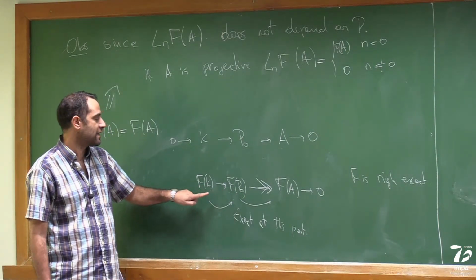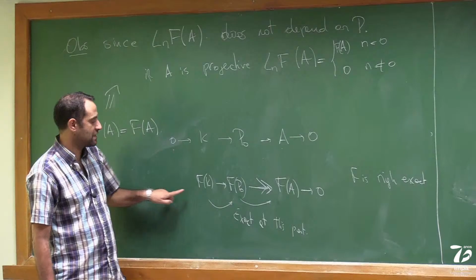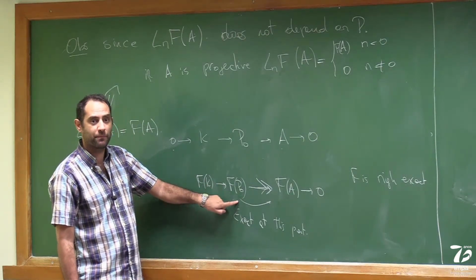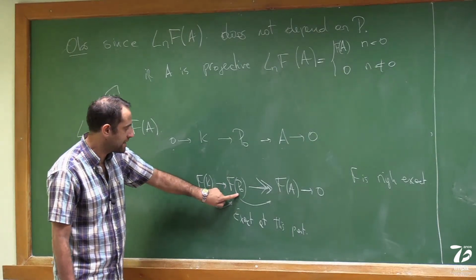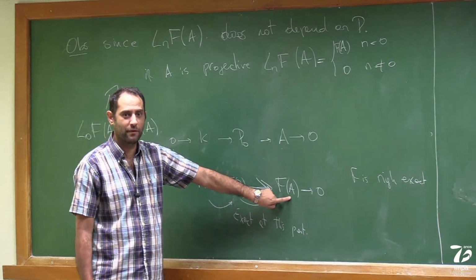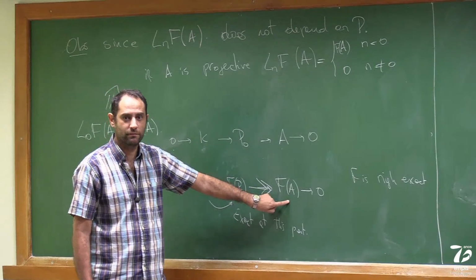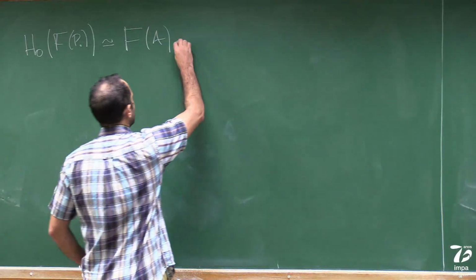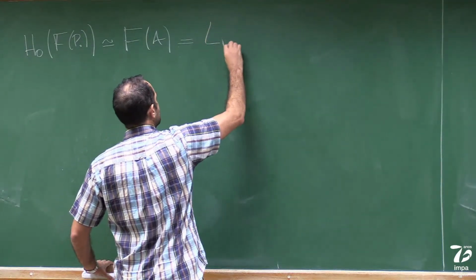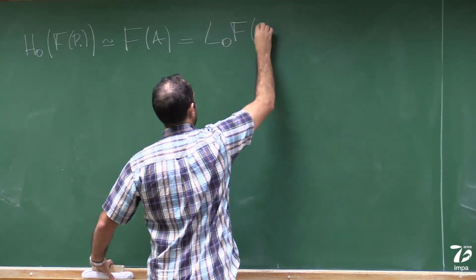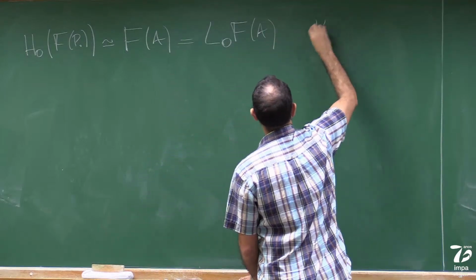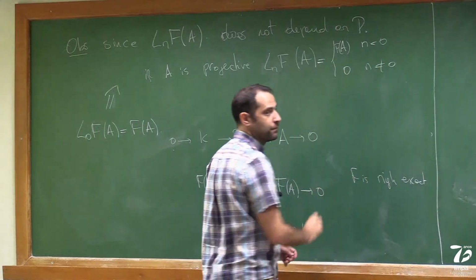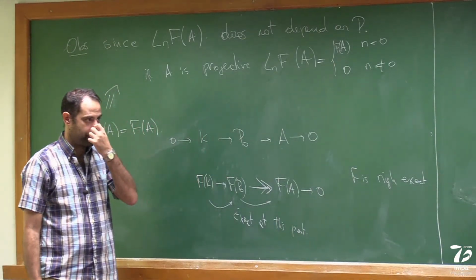I cannot say that this is equal to this divided by this because this might not be injective. But it's still this divided by the image of this map, which is the same as this divided by the kernel of this map, which is F of A by definition, because this map is a surjective map. So this implies that this is L_0 F of A, and this holds for every A. In particular, when A is projective, then we get this identity there.